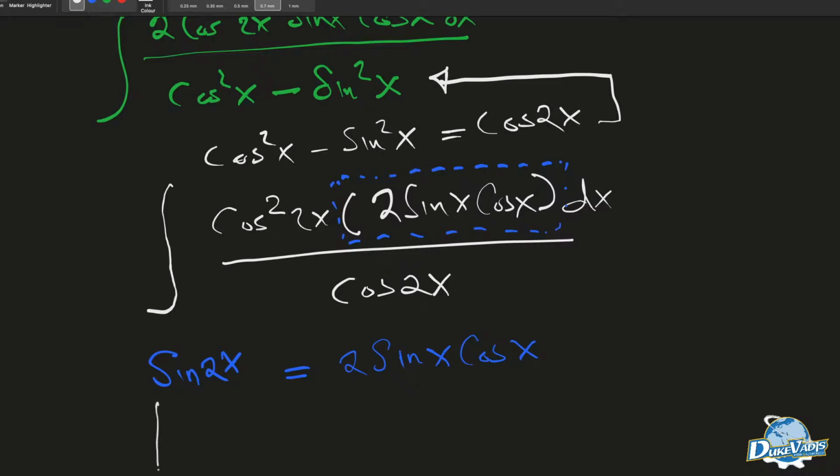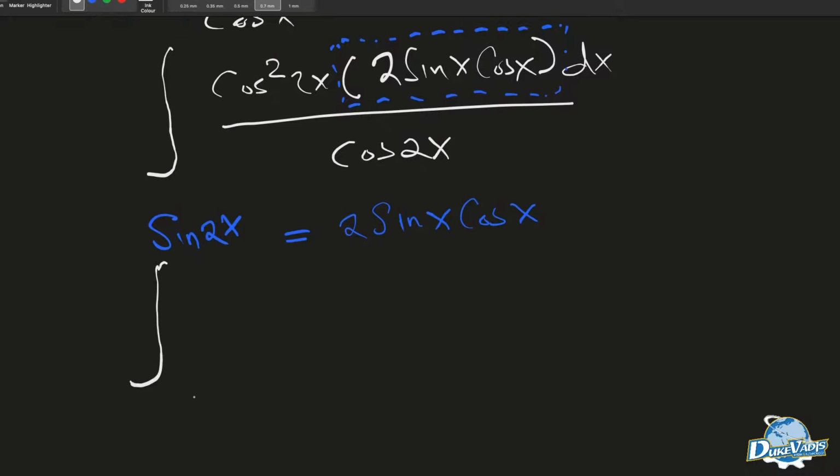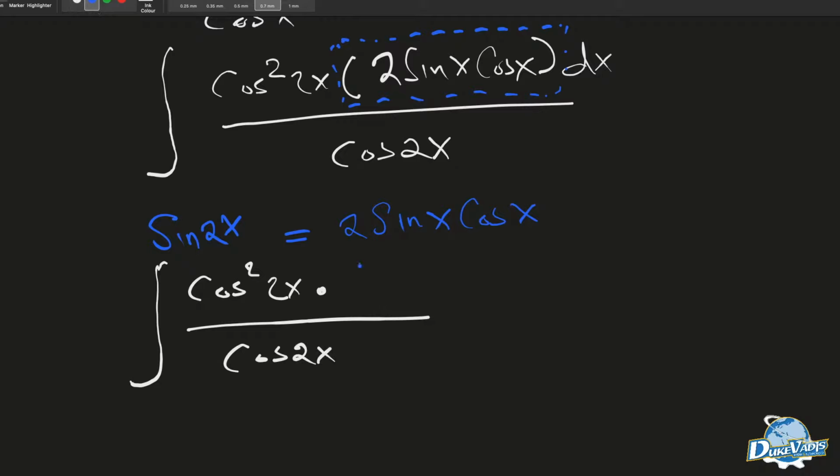So we can get the integral. Our cos squared 2x will be multiplied by sine 2x, and you see we have this cos 2x below. Isn't that beautiful? Our equation is now becoming very beautiful.